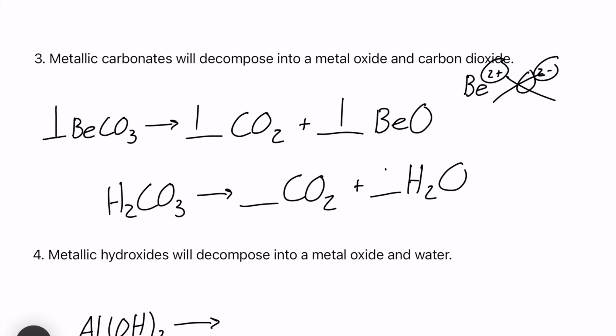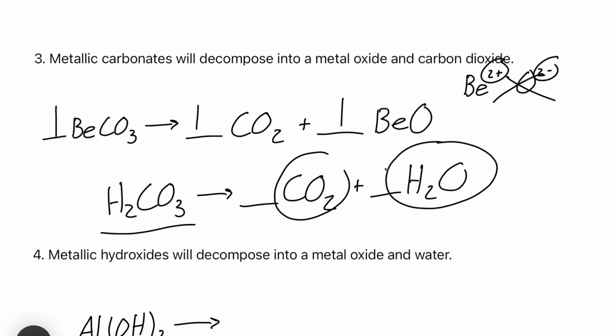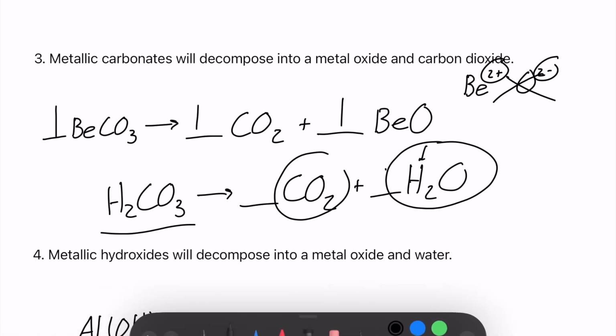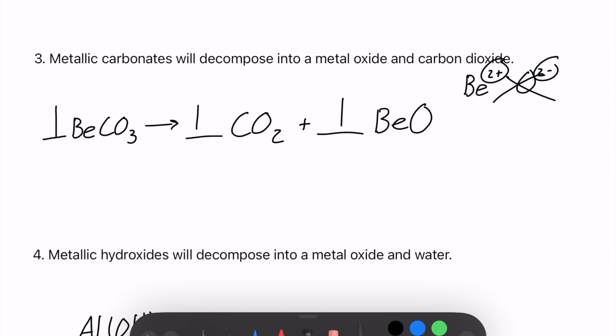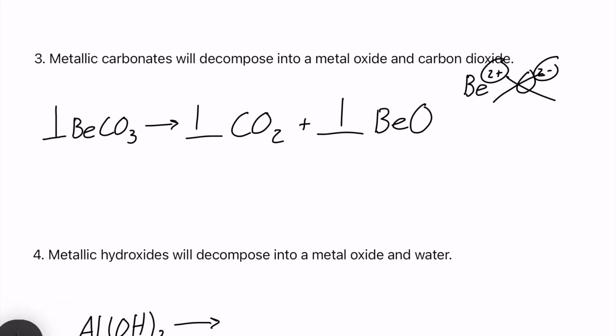Basically we almost treat this acid as a metal carbonate, and it's going to break down into carbon dioxide and then that metal oxide, where this hydrogen is almost seen as a metal. Sorry about the sidetrack, but hopefully that explains it a little better than I did in our synthesis video.